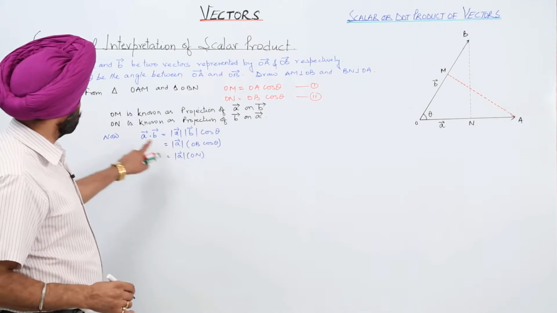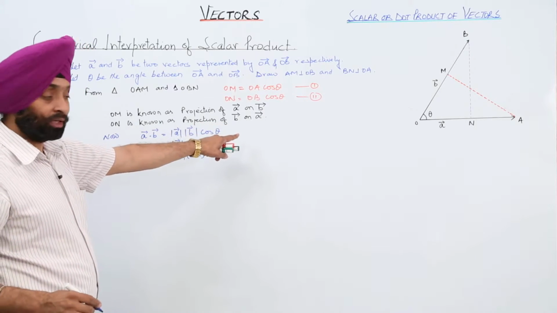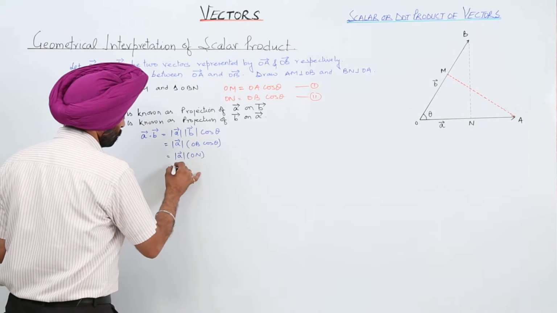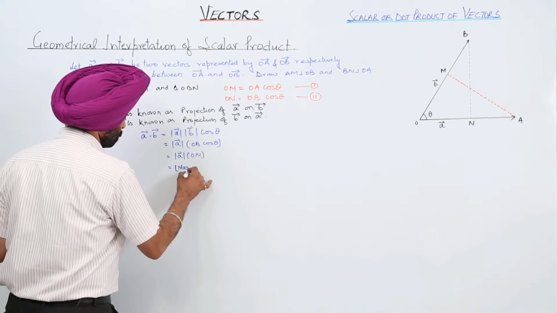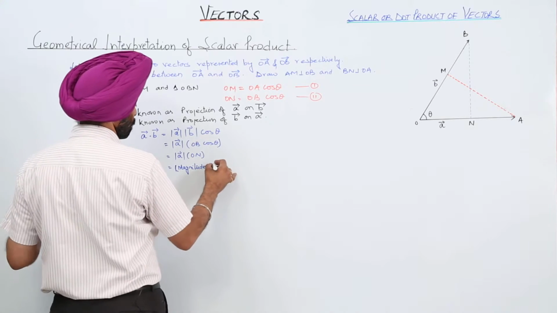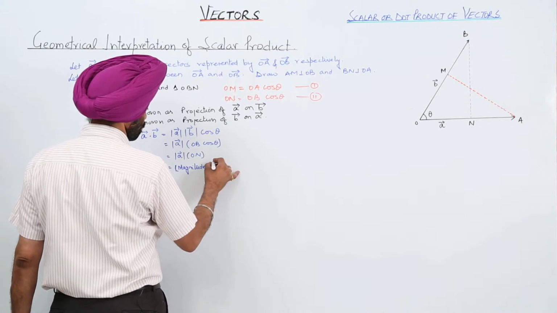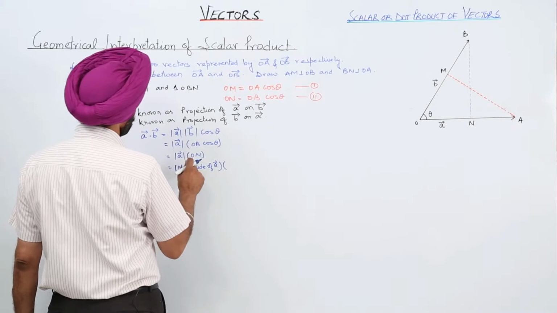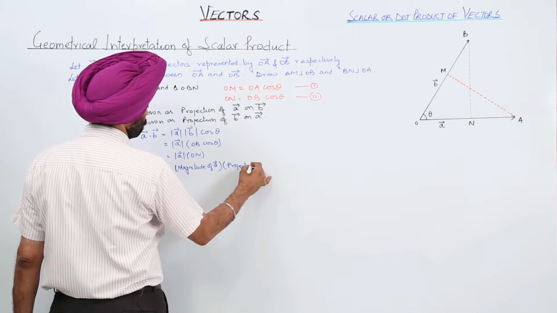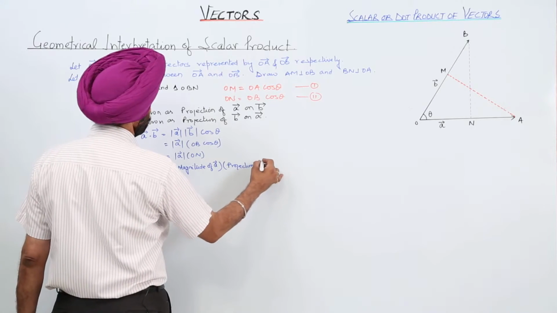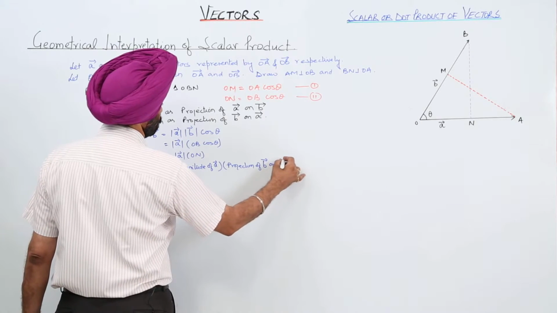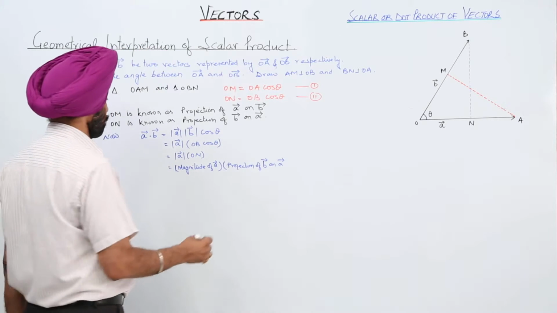ON is known as the projection of B on A, so we can write magnitude of vector A with the projection of vector B on vector A.